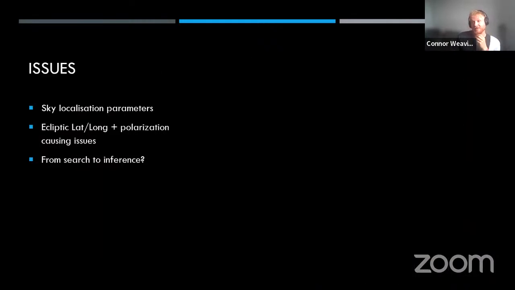So as mentioned, there are still some issues with the sky localization because this dataset is produced using only 2-2 mode waveforms. You get these multimodal sky positions, which you can solve in different ways, but we know that it's going to be a bit of an issue for sky localization, which is fine. We're currently still trying to make tweaks to that to make sure that we get sensible results back.